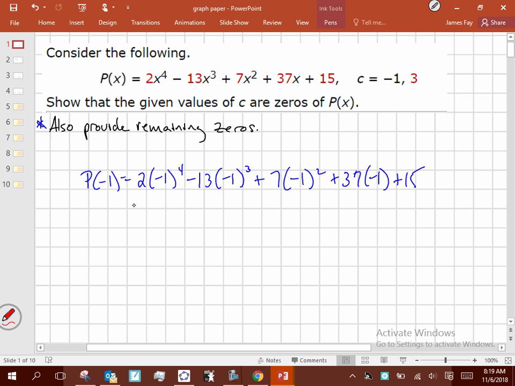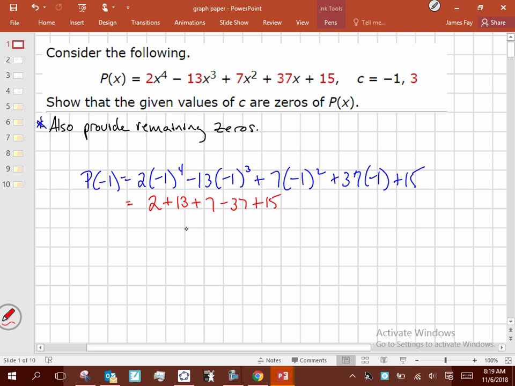And evaluate that, okay, so it's going to give me 2, this will be plus 13, plus then 7, minus 37, plus 15. Okay.